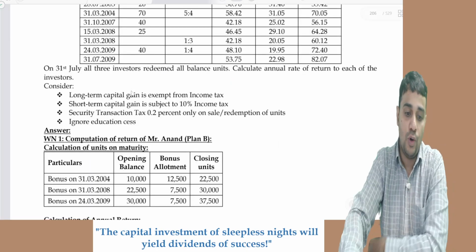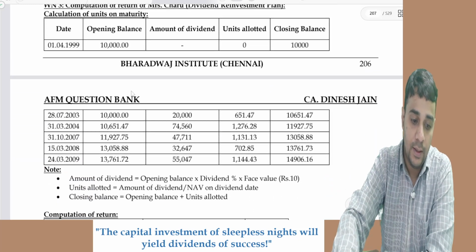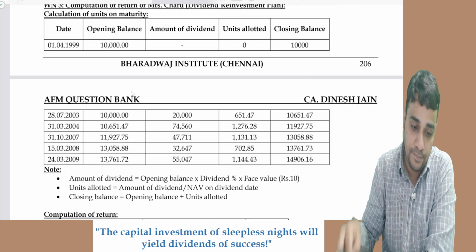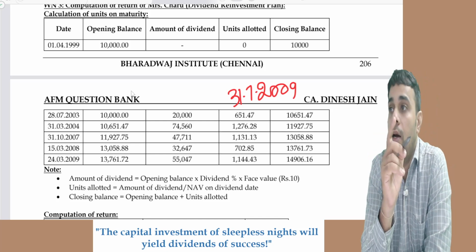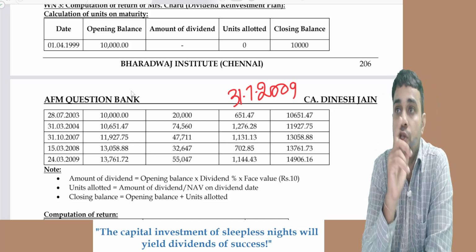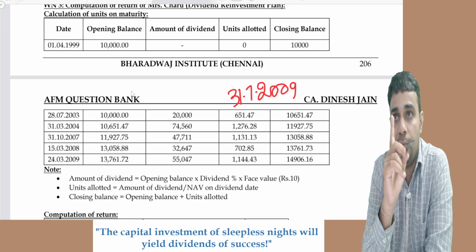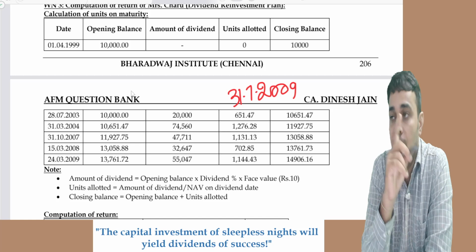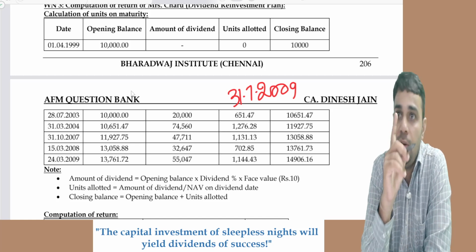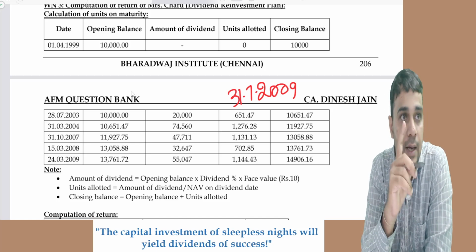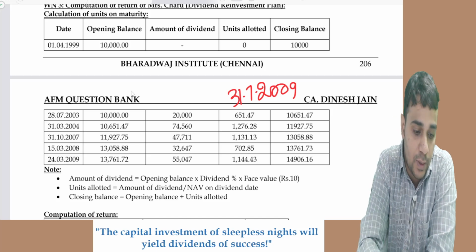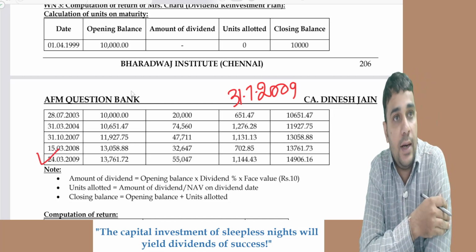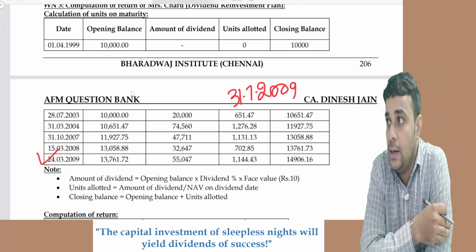Now, I have to go to this table. We are selling on which date? 31st. Any units allotted between 1st August 2008 and 31st July 2009, the last 1 year, will be a short term capital asset. Which is only this 24/3/2009.